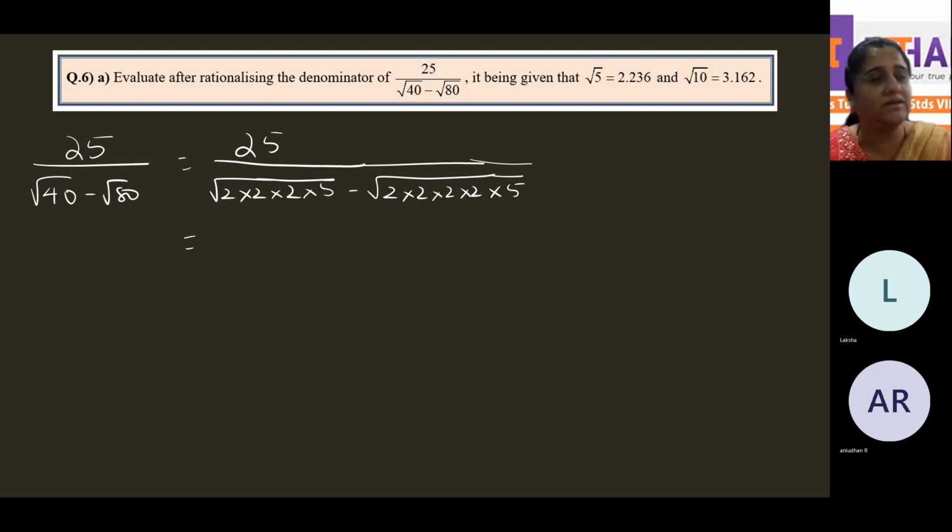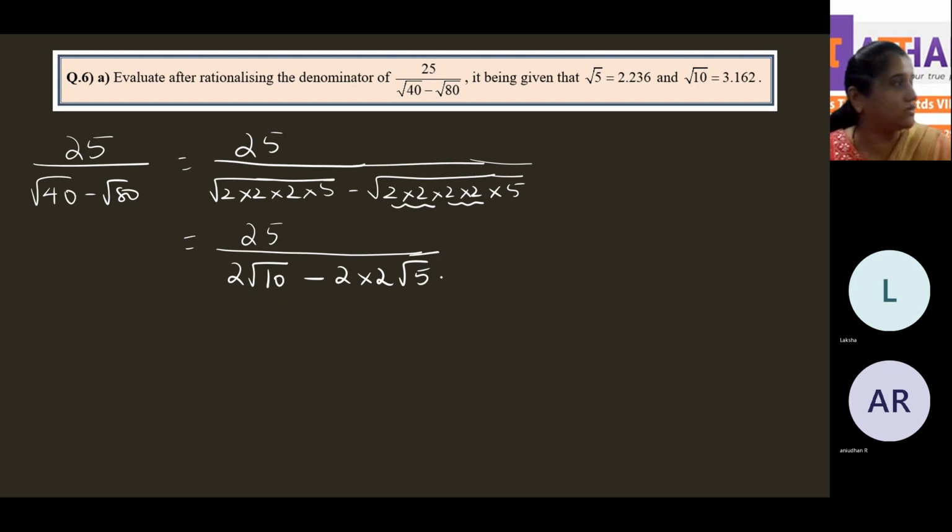So from 2 2s, 1 2 comes out. Under the square root you'll have 10. And from these 2 2s, 1 2 comes out, so 2 2s come out like this, and then root 5 remains under the square root.